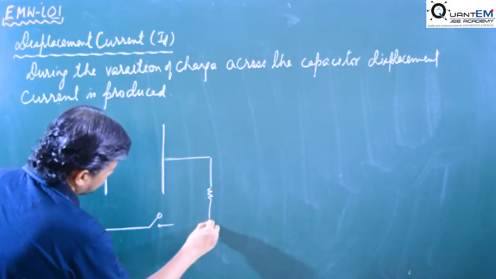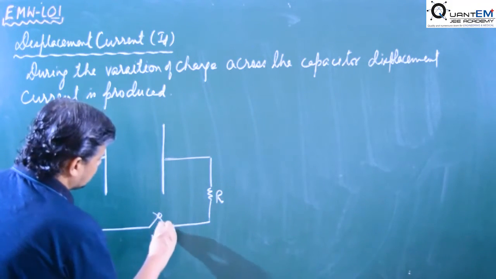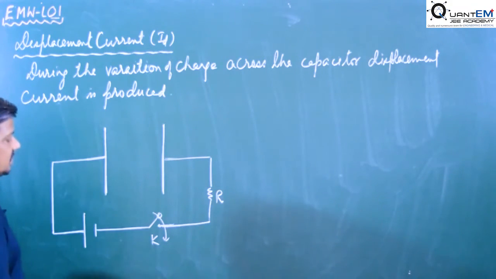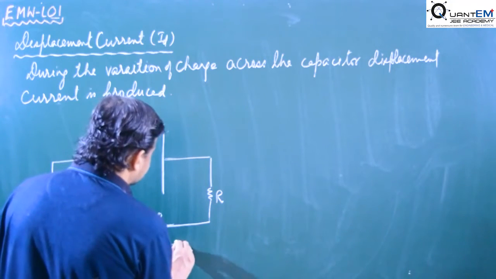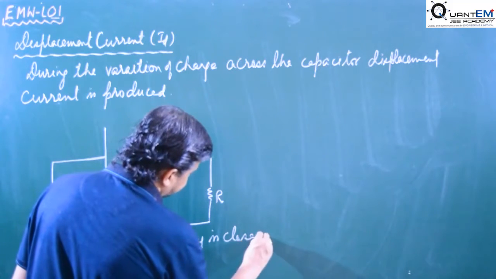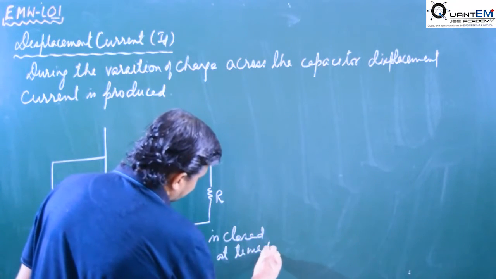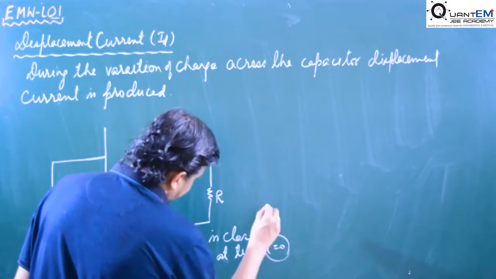Resistance of the external circuit is suppose R, and the key is closed at time t is equal to 0.